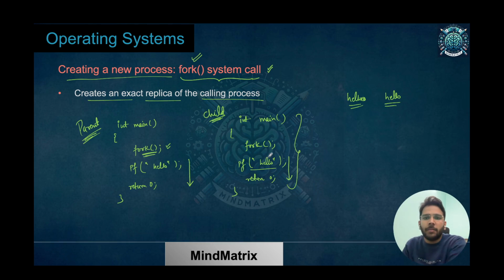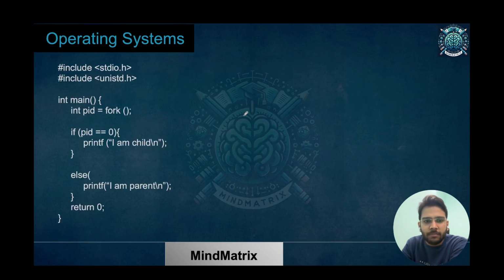So it can be printed in any order. But after you call fork, the parent process will execute the following statements and the child process will execute the following statements. That means the child process is not going to call fork again. It is going to execute the statements below it. Clear? So two times hello will get printed. I hope it is clear. We are going to take many examples, so don't worry. It will be much clearer after seeing those examples.